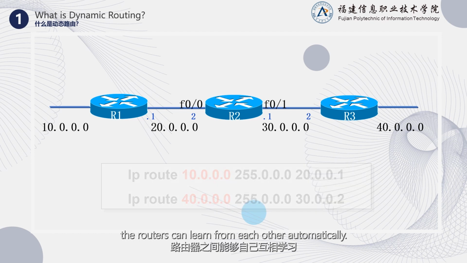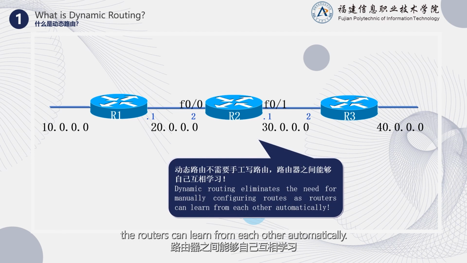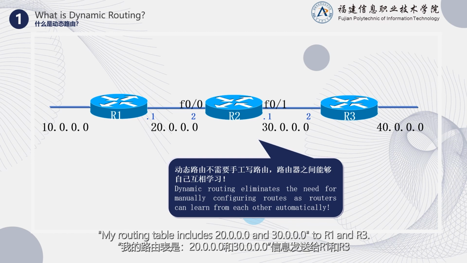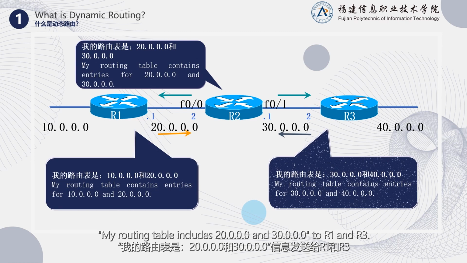The routers can learn from each other automatically. R2 will send its directly connected route information. My routing table includes 20.0.0.0 and 30.0.0.0 to R1 and R3.